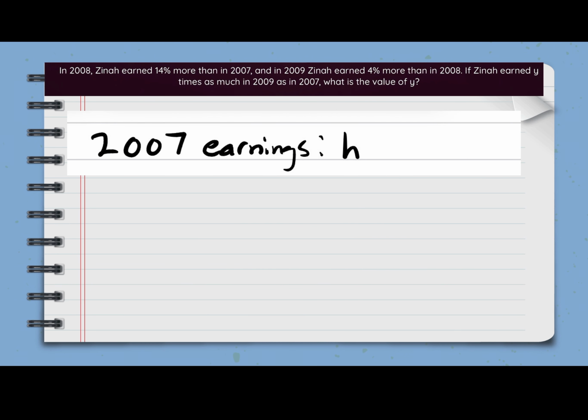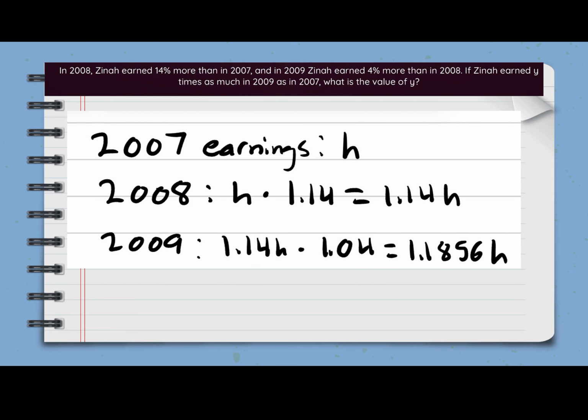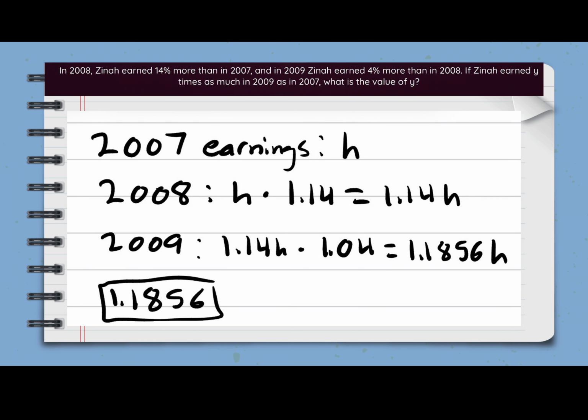So we can make 2007 a variable to make things easier, and we'll find that Zyna earned 14% more in 2008 than she did in 2007. So we'll multiply that percent change. And she also earned 4% more in 2009 than in 2008. So again, we'll multiply by that percent change, and that is what we're looking for, the value of Y.